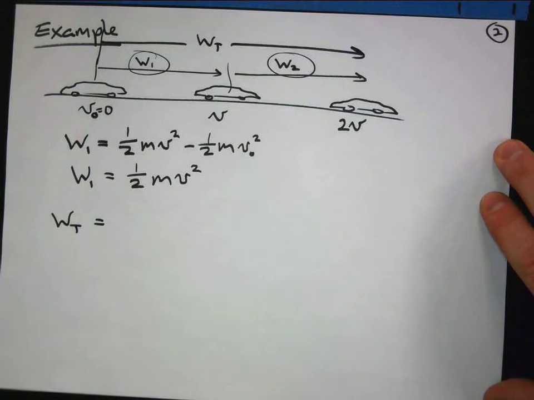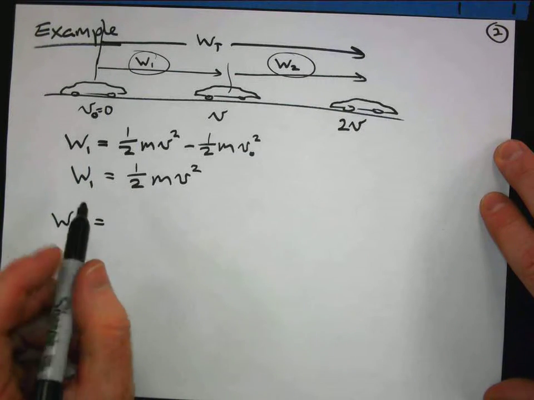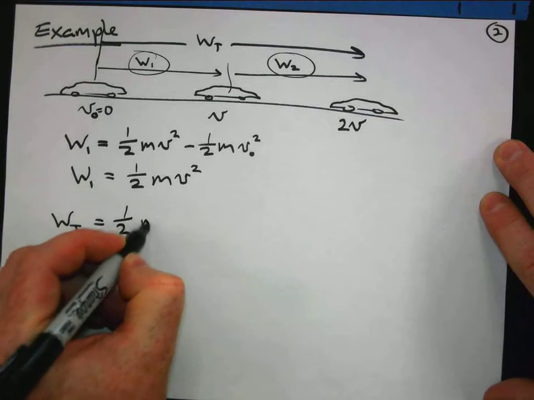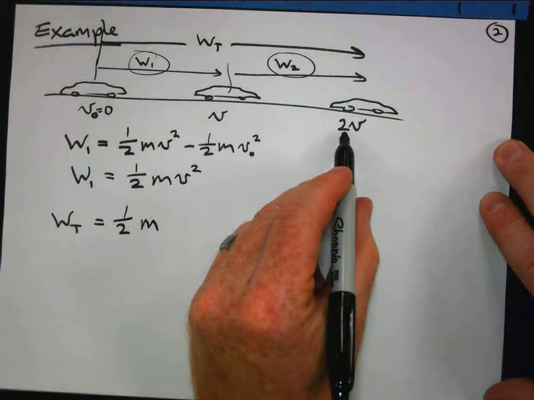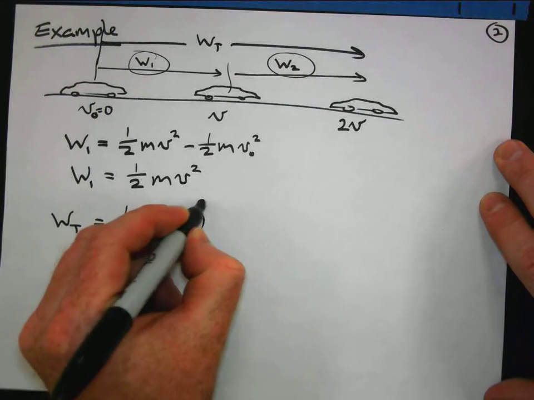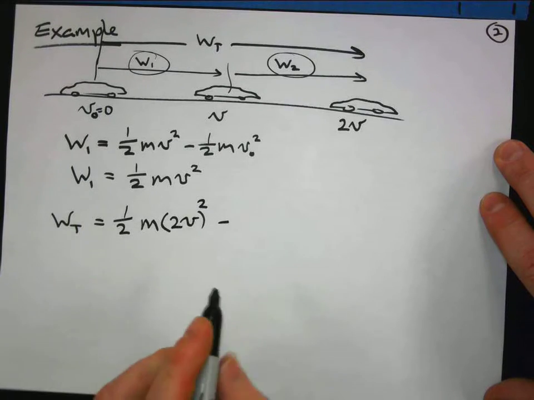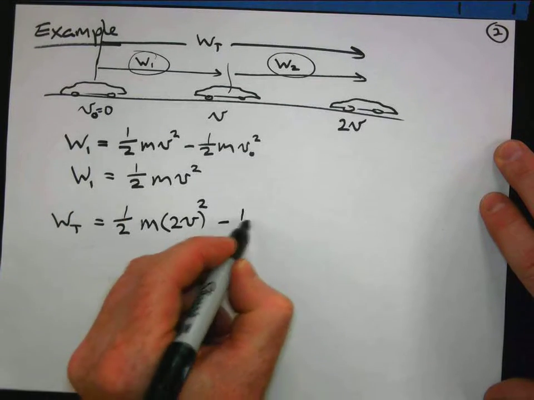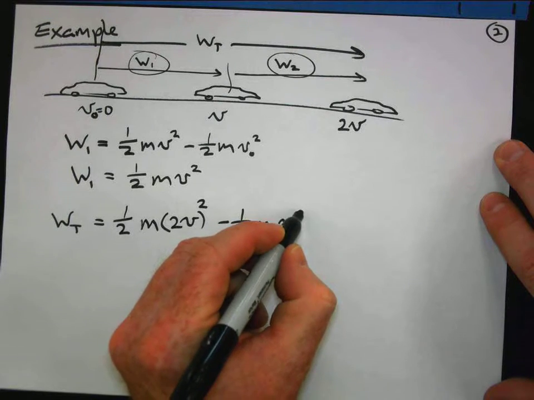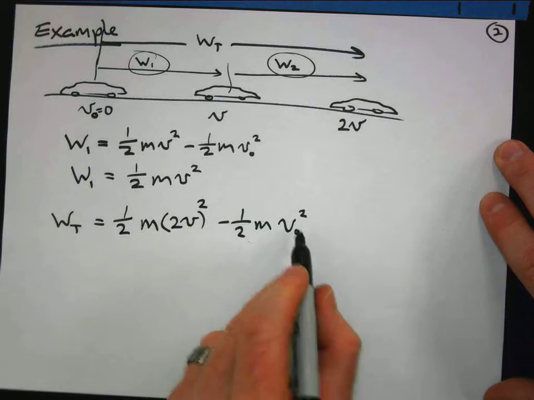So this work total, well, I know I'm going to have a final velocity of 1/2 m, and this is 2v squared. I'm going to take away my initial amount of kinetic energy, which is taking place when I have my initial velocity. Initial velocity is 0. This whole term goes away.